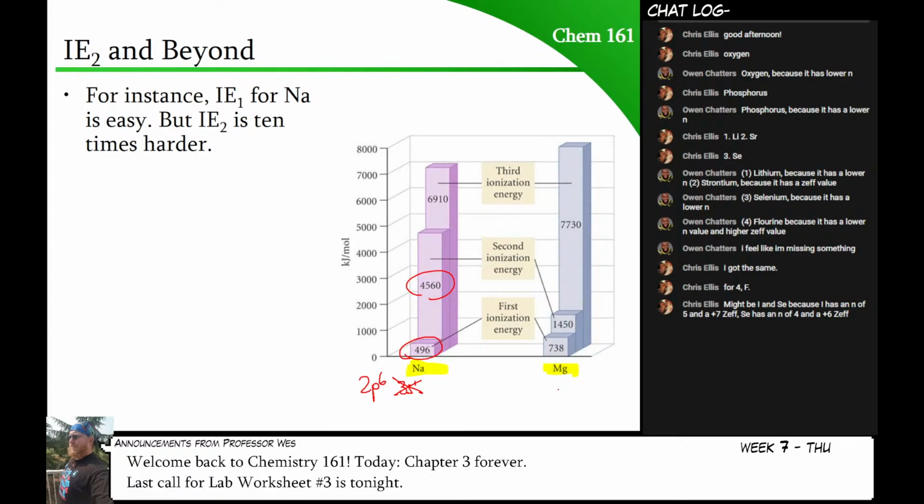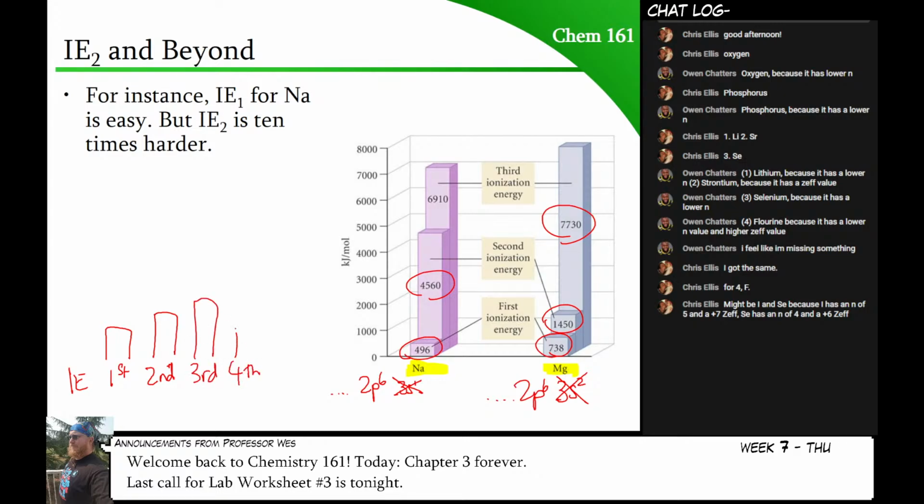For magnesium, here's its electron configuration. I'm just ignoring the first few because we don't get that far. When I get rid of these two, that requires some energy, but the next one is way more. So if you have a mystery element and you see that your energies are like, okay, first IE is this much, and then the second one is this much, this much, this much.